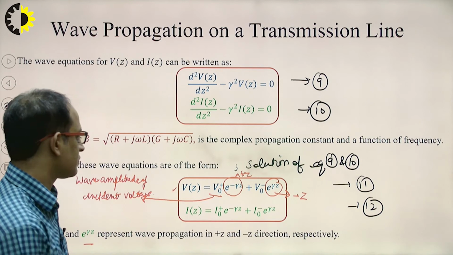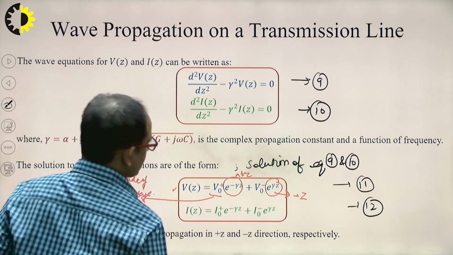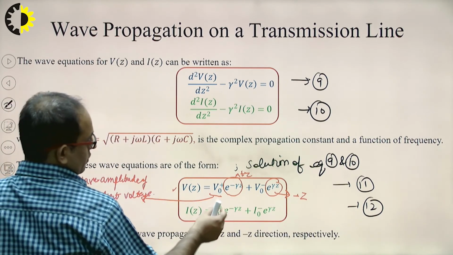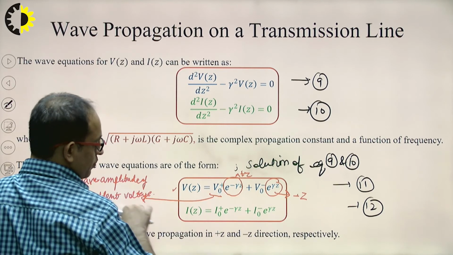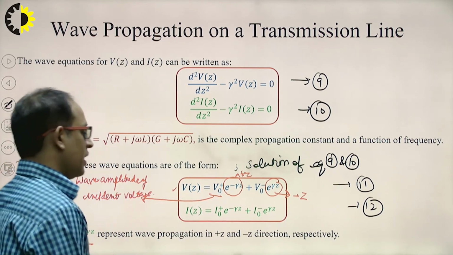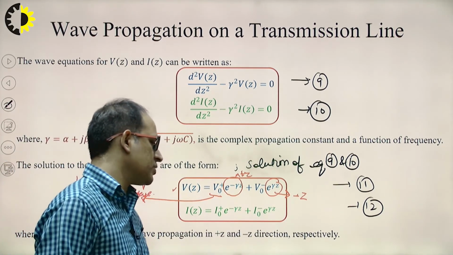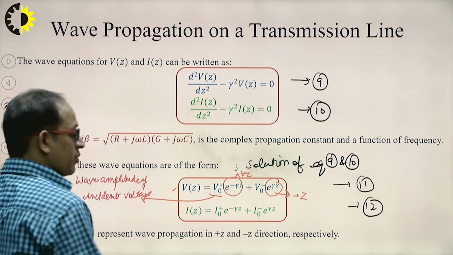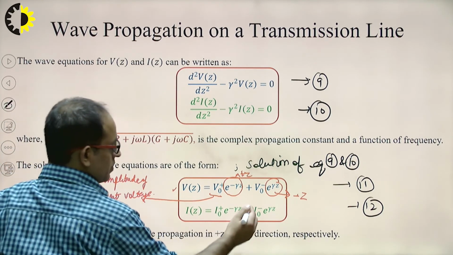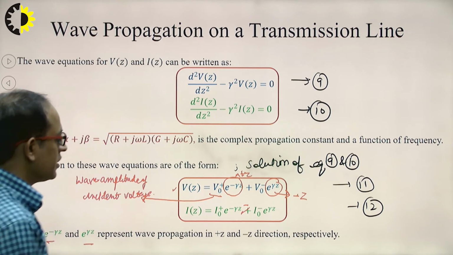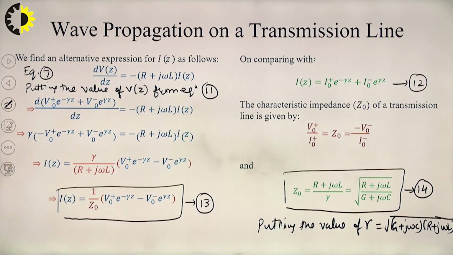Similarly, I0 plus represents the current amplitude in the positive z direction, and I0 minus represents the amplitude of the reflected current, in the negative direction. Clear?